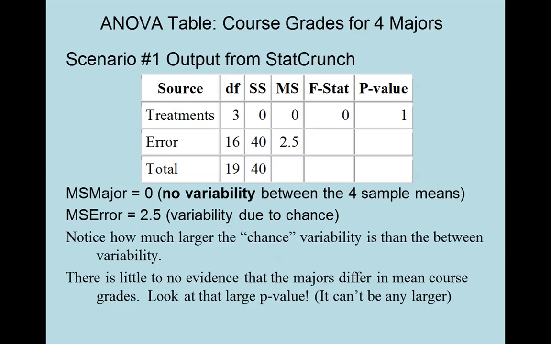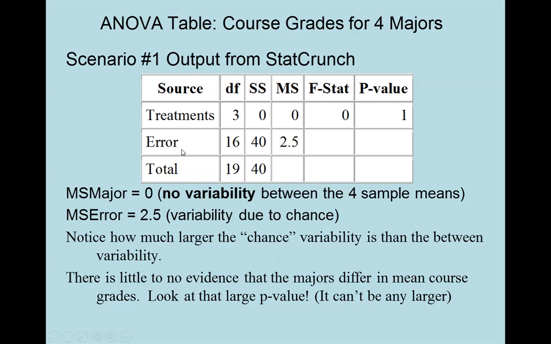Well, 83, 83, 83, and 83 exhibit zero variability, so that would be the zero under the SS, and then the mean square would be just the sum of squares, the SS number, divided by the degrees of freedom. Now there were 4 majors, so 4 minus 1 gives you the 3 degrees of freedom for the treatment variable. The mean square is 0, and that's the numerator of your F statistic.